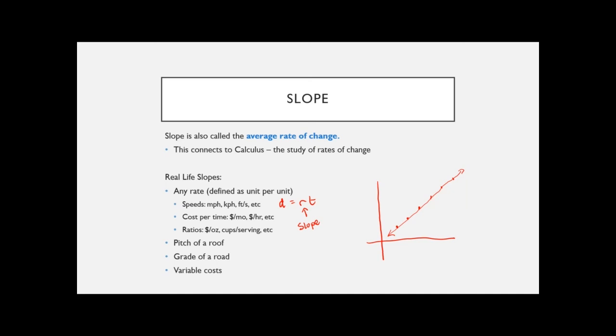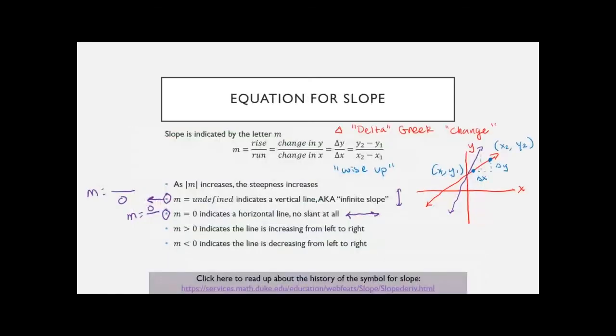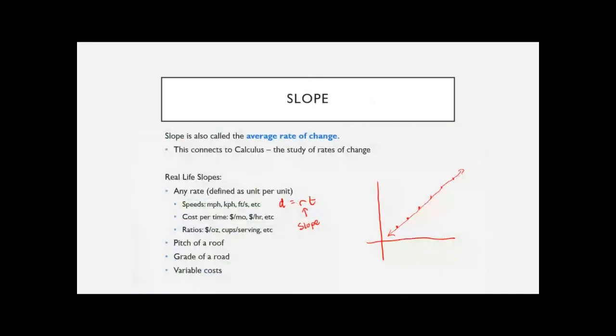Other things are the pitch of a roof. If I go back to my little triangle that I had here, when you're figuring out pitch of a roof, you're basically looking at your beams and that vertical distance over the horizontal distance, and then you get a pitch, and it's a number. It's usually a fraction. That is a slope. That's what pitch is measuring. It's literally measuring the slope of the roof.